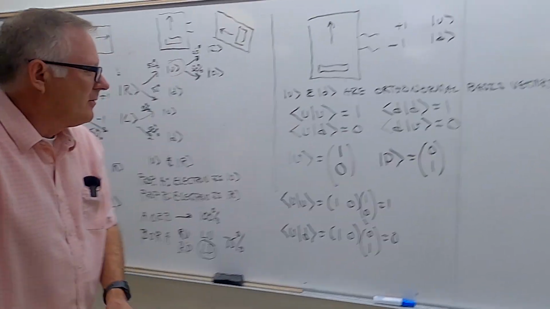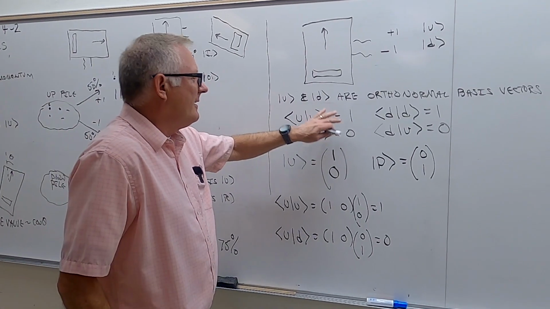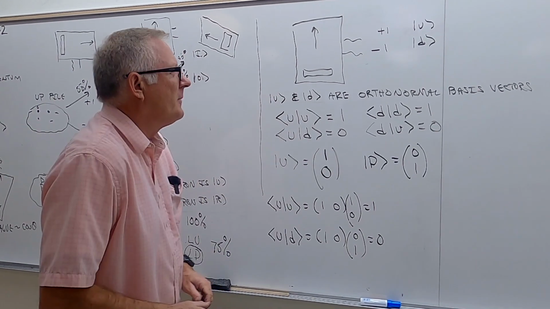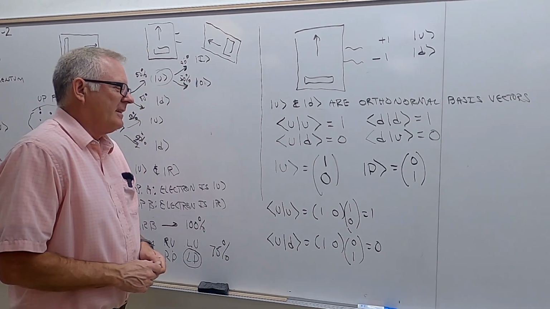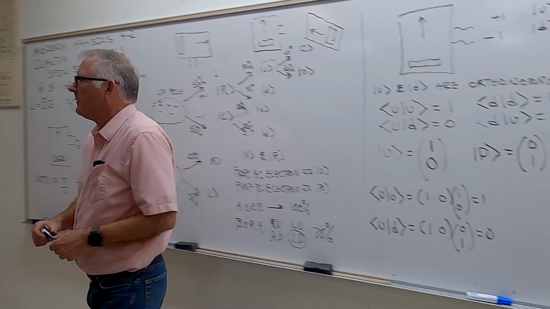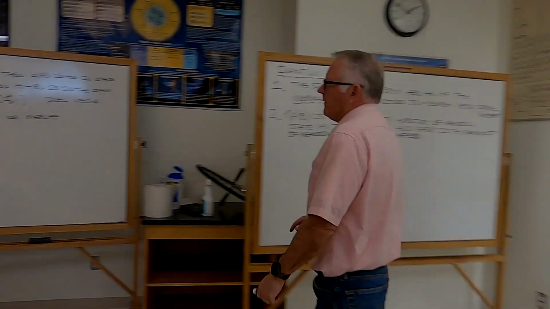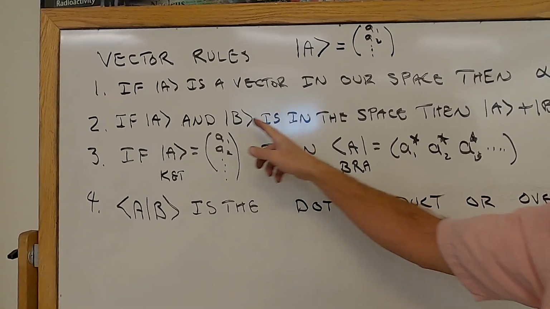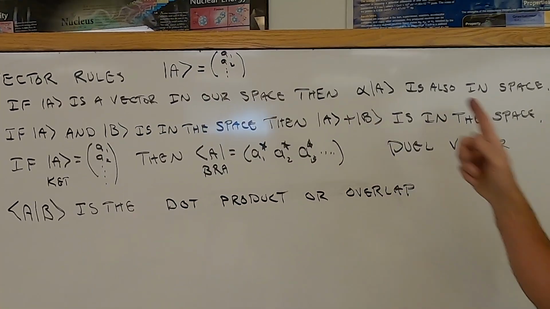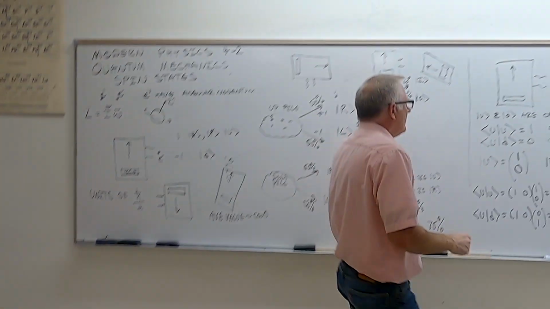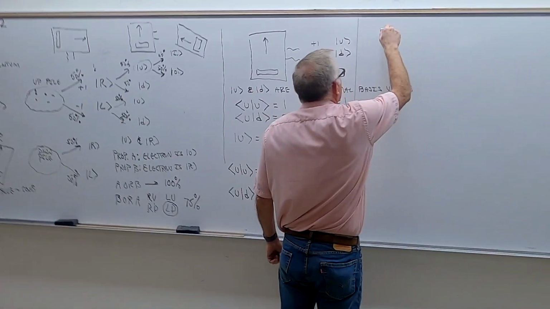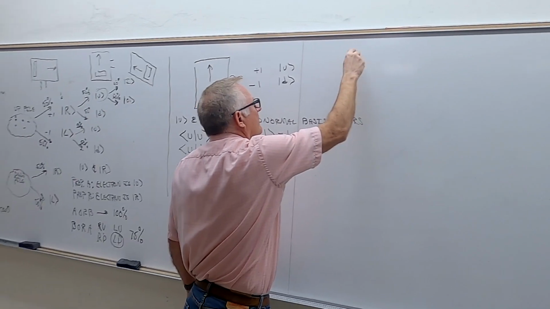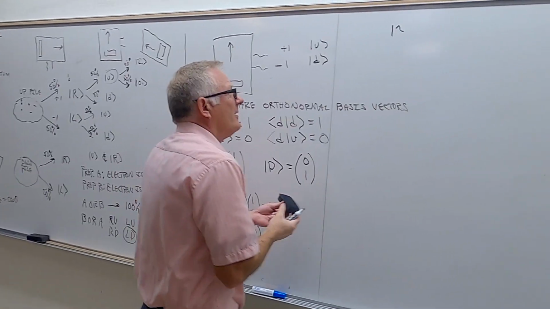you noticed up is a state and down is a state right here. Well, if up is a state and down is a state, remember right here, then up plus down is also a state. So that means up and down is also a state.